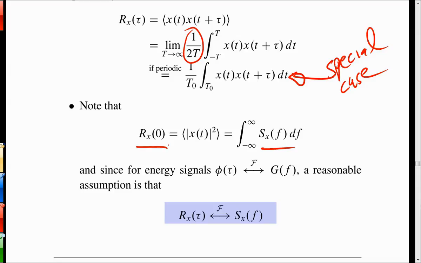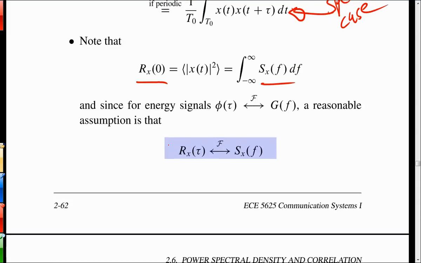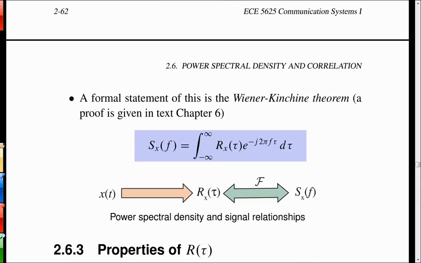That, combined with the definition and combined with the fact that for energy signals we know that the Fourier transform of the autocorrelation is the energy spectral density, just points, this is not a rigorous proof, but just points at the idea that the power spectral density is the Fourier transform of the autocorrelation function. And remember, do I have a picture? So formally, and this is for the random signals case, which actually relates to the time average case we're looking at right now, this is the way you get power spectral densities.